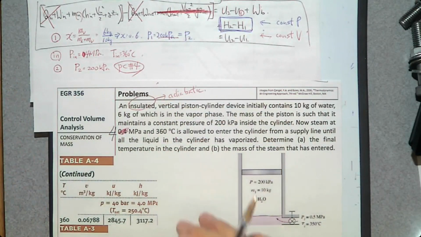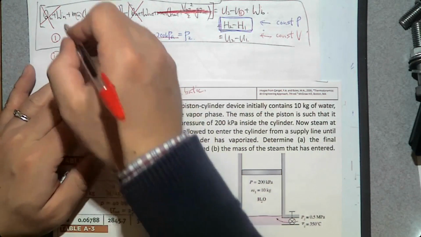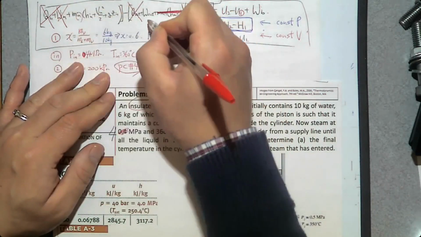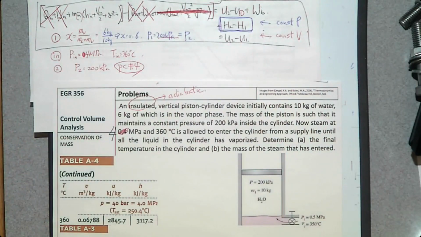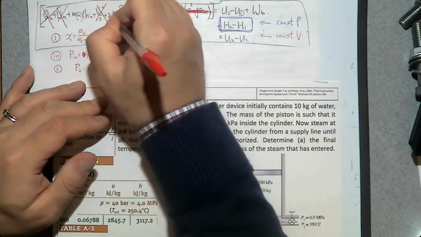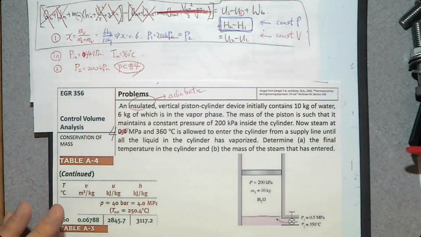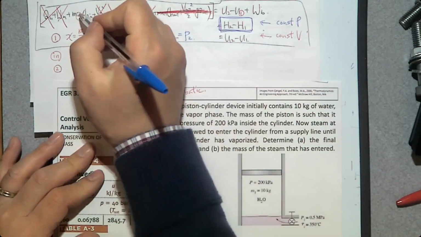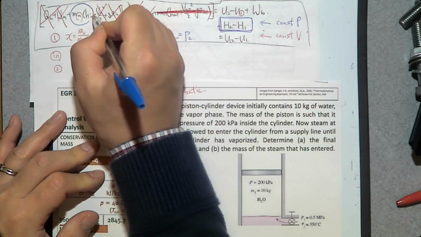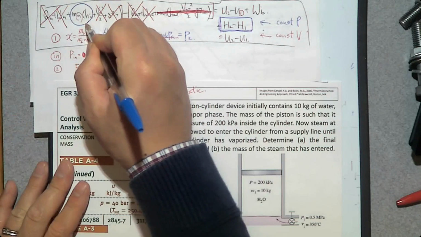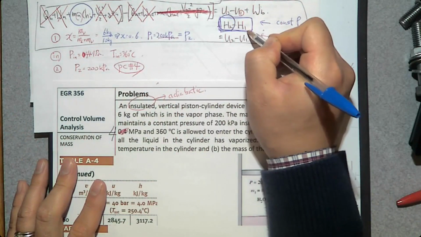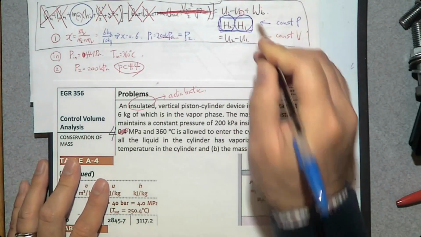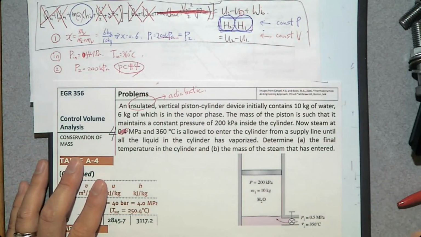There's no information about energy transfer by work, so we neglect W in and W out. We can neglect kinetic and potential energy change. So we have M in, H in, the enthalpy at the final state, and the enthalpy at the initial state.